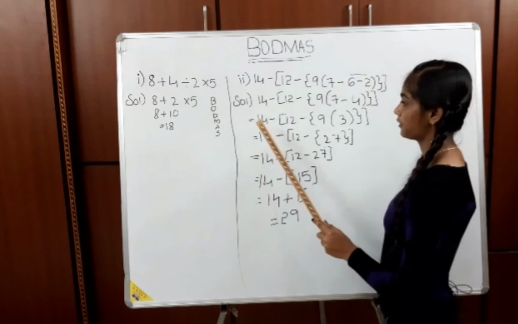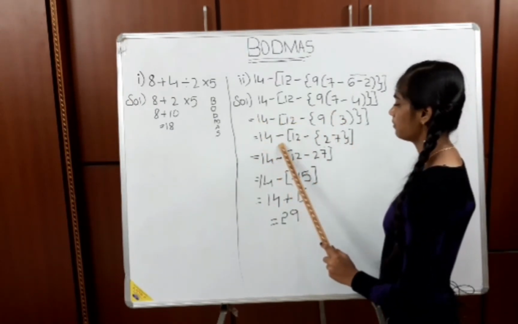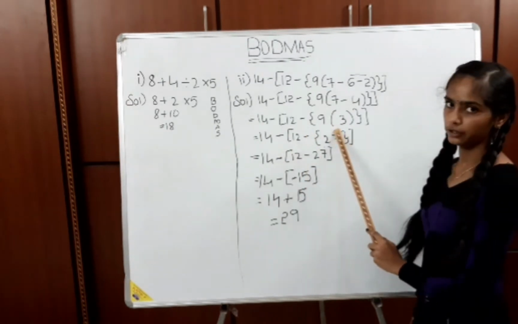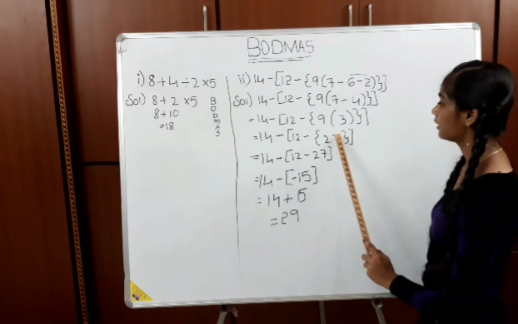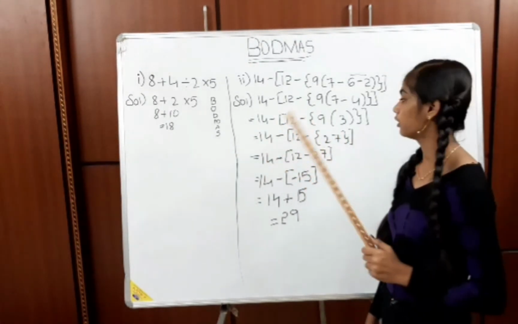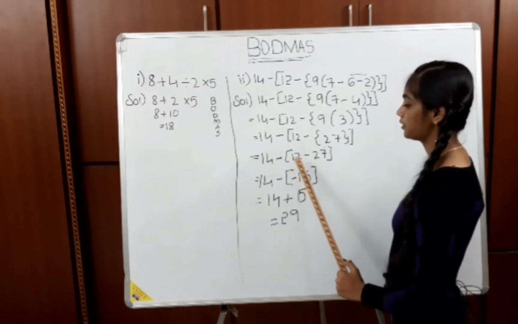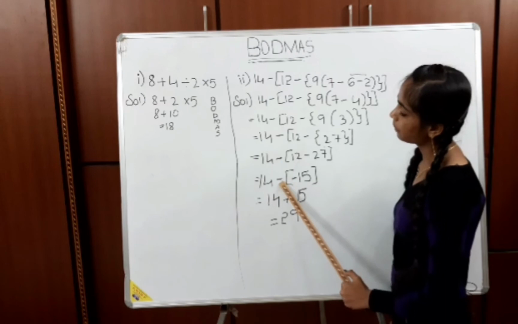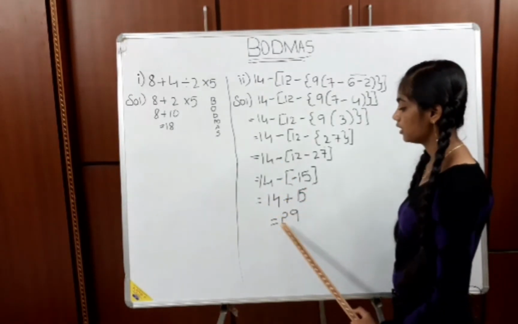And next, same as 14 minus 12 minus 9 into 3. So 14 minus 12 minus, what is 9 into 3? That's 27. So 14 minus 12, here this bracket will be gone. That is the order of removing brackets. So 12 minus 27, 14 minus 12 minus 27 is minus 15. So here minus into minus is plus. So 14 plus 15 is equal to 29.